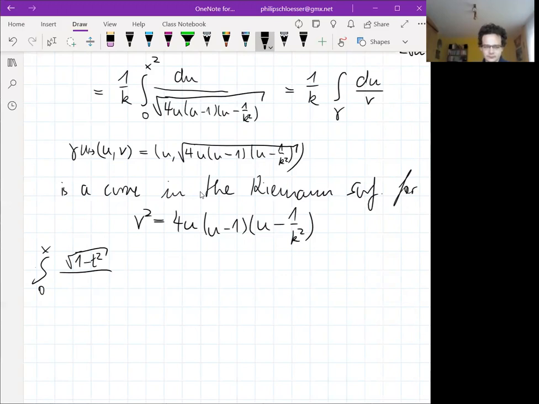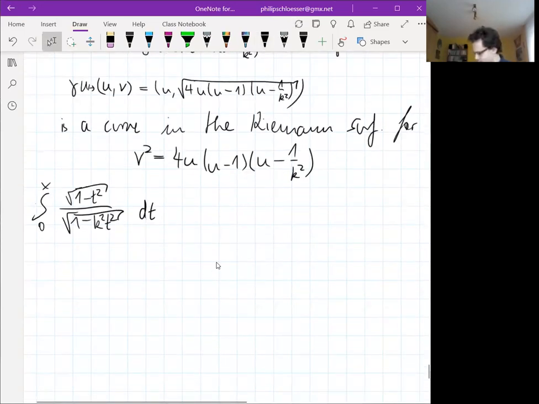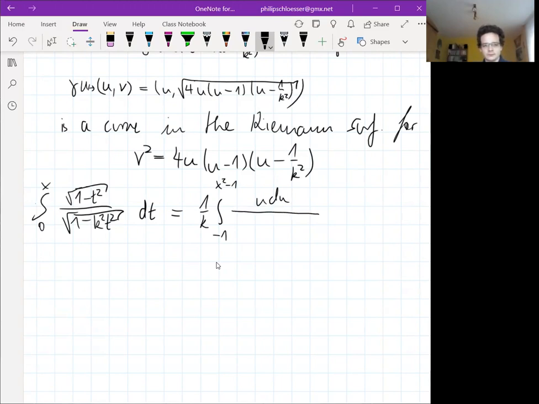I'm not really going to sketch a lot, but this is the integral that actually pops up if we want to calculate the arc length of an ellipse, which is what originally made the elliptic integrals elliptic. We can do a couple of substitutions here, and then we end up with 1 over k. And now we have a bit of a different integral. We had to do a bit of a different substitution because we had to get rid of this 1 minus t squared in the numerator.